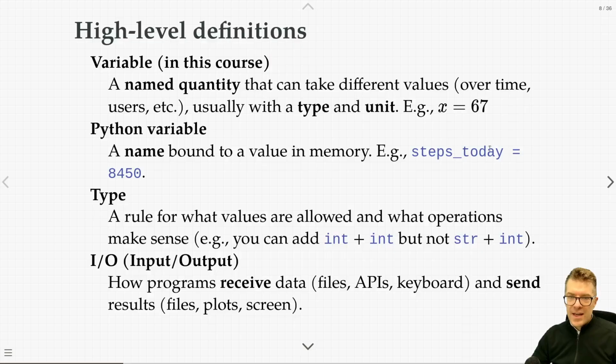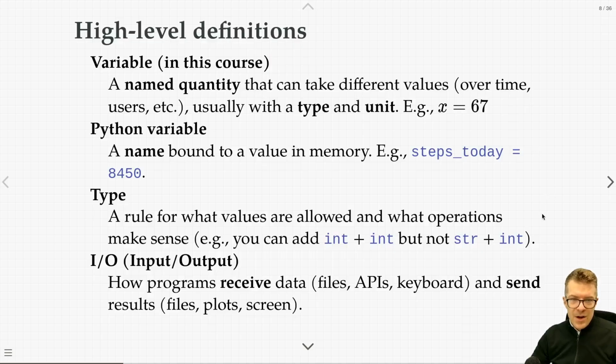So in this case, steps_today would be the name of a variable, and its value would be 8,450. You can already see how these two definitions of variable are very close to each other, right? We have a name on the left-hand side, an equals sign, and then some value on the right-hand side. So already we're seeing the connection between mathematics and coding.